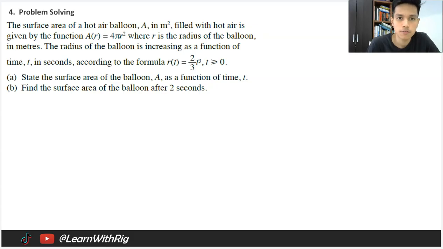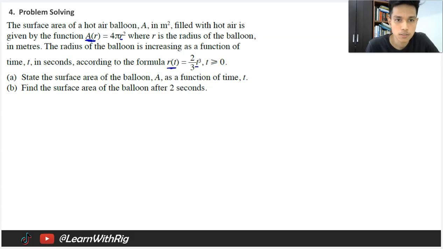So they gave you the surface area function in terms of r, that's why it's A(r). And they tell you the radius is increasing as a function of time, so based on time. The longer the time, the radius is going to increase. So they gave you r(t) because it's in terms of time.